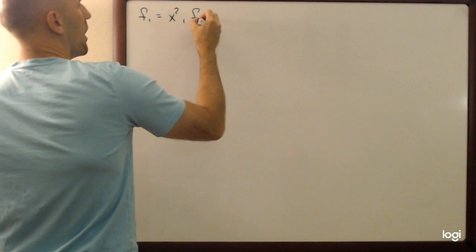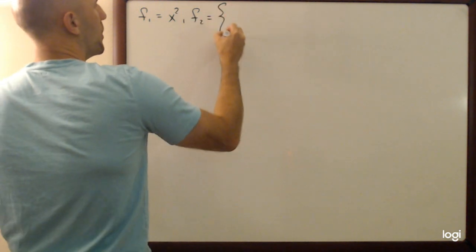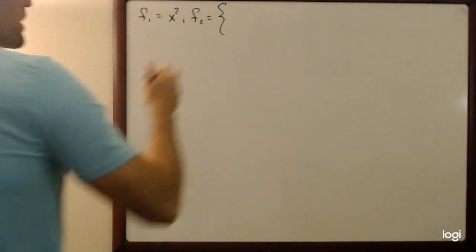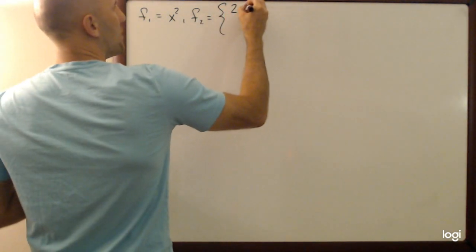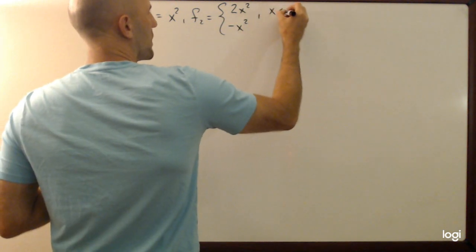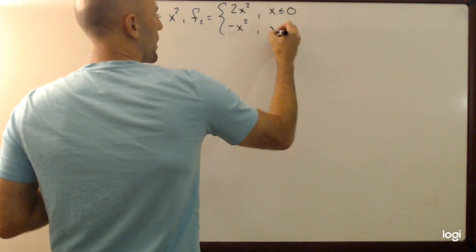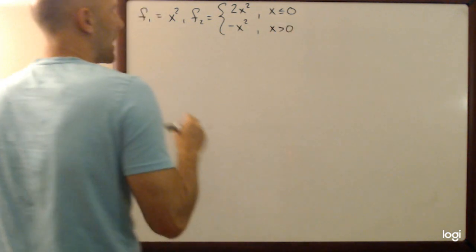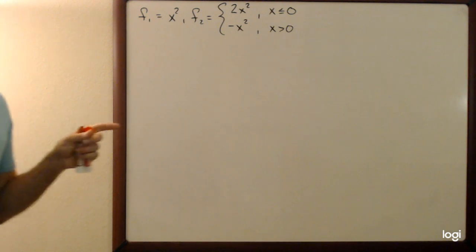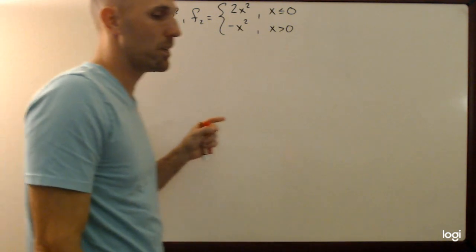Okay, and F2 is equal to the piecewise function 2x squared and negative x squared. It's going to be 2x squared if x is less than or equal to 0. It's going to be x squared if x is greater than 0. Okay. Now, these two functions are both members of C infinity.